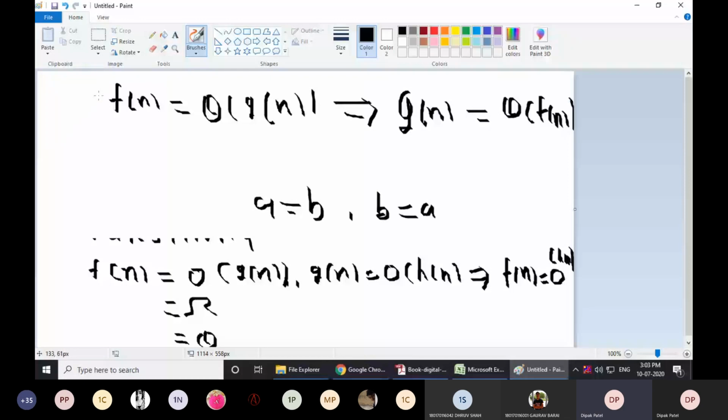So theta notation is kind of an equal to relation. So if Fn is equal to Gn, then Gn is equal to Fn. So can we write that Fn is big O of Gn, then Gn is big O of Fn?